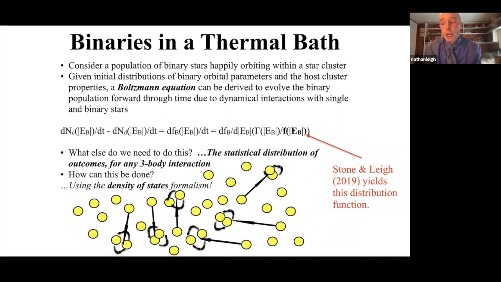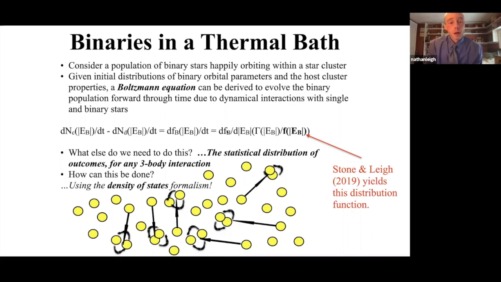This is analogous to a population of binaries in a thermal bath, with heat being transferred from the binary stars to the singles via single binary interactions, providing a heat source in the process. Given initial distributions of binary orbital parameters and the host cluster properties, the diffusion equation can evolve the binary population forward through time due to dynamical interactions between single and binary stars.